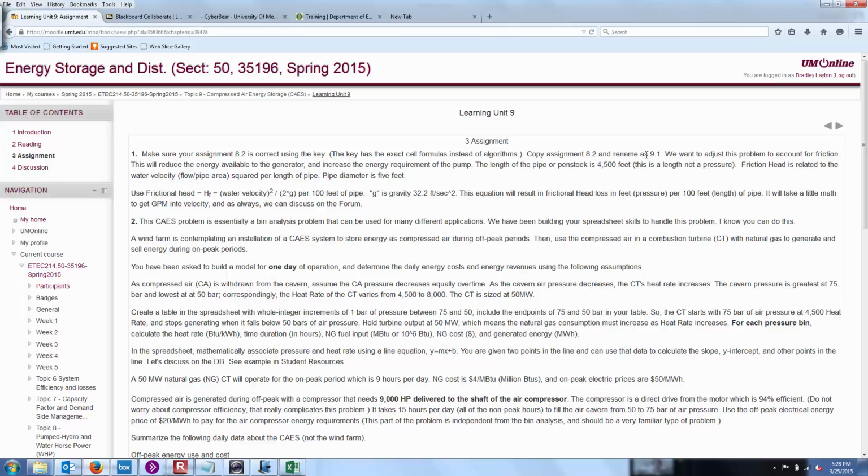This will reduce the energy available to the generator and increase the energy requirement of the pump. The length of the pipe or penstock is 1,400 feet. Good. So we've got length versus pressure. I think we were able to convert head to PSI last time. Friction head is related to the water velocity.